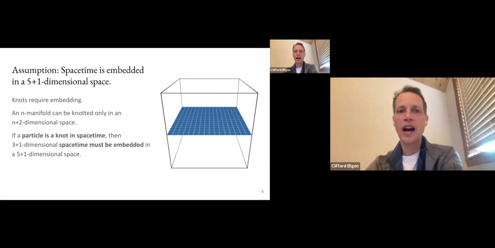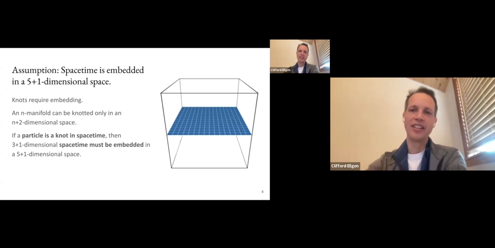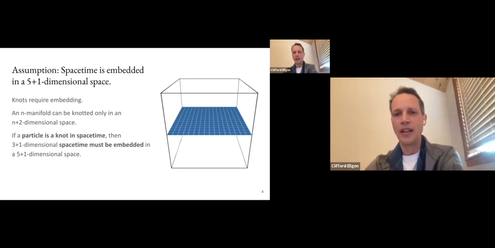And so if we want to tie space-time into a knot, then we need to have space-time inside of something that's larger by two dimensions. The illustration on the right is intended to convey that, where the blue manifold is space-time, and space-time is inside of this larger space, which is loosely conveyed with this box.